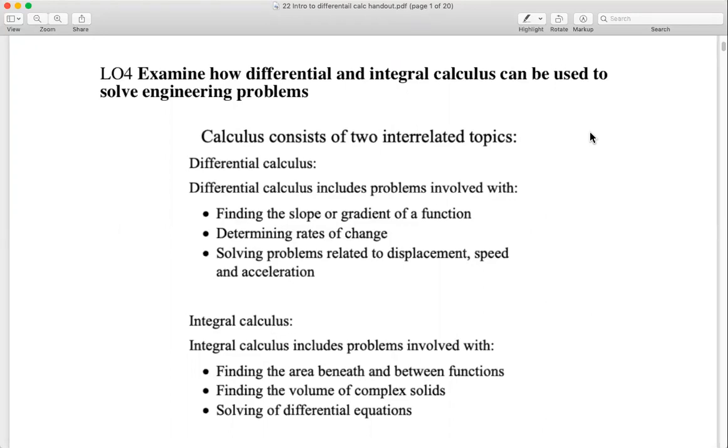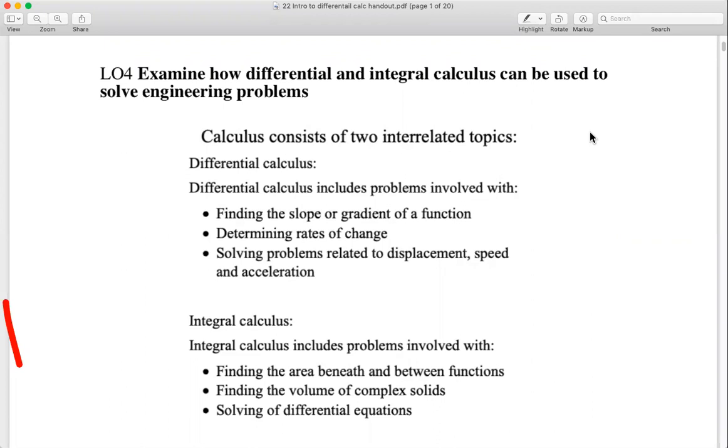Then we have the mathematical opposite, integral calculus. It's about finding the area beneath and between functions, finding the volume of complex solids, and solving differential equations. So over the remaining weeks of this module, we'll be looking at that.